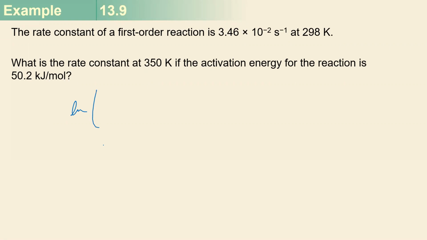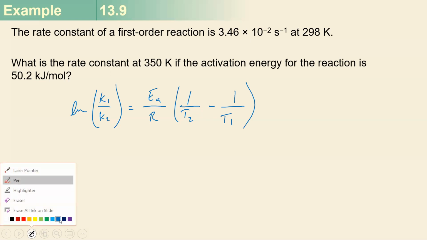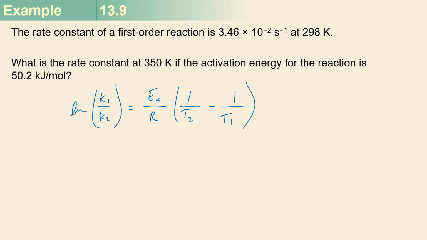And so natural log, we need that two-term equation. So I'm going to write it out first, and then we'll start plugging stuff in. Natural log of k1 over k2 equals activation energy over R, 1 over T2 minus 1 over T1. Now let me go in and label some things. We have a rate constant and a temperature.